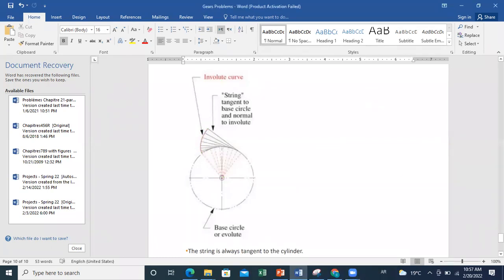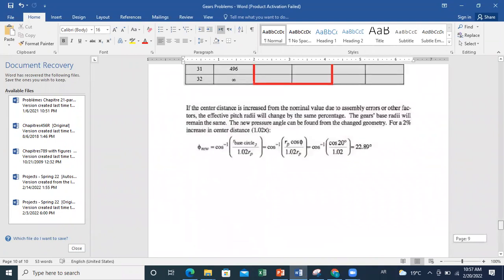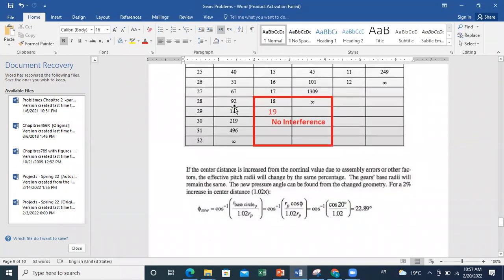So here, going back to the given: if the center distance is increased from the nominal value due to assembly errors or any other factor, the effective pitch radii will change by the same percentage. However, the gear's base radii will remain the same.